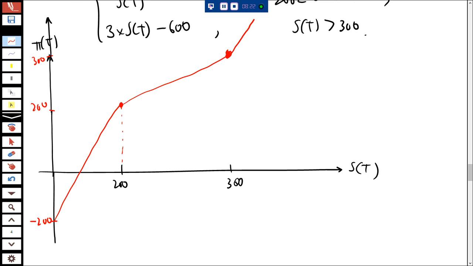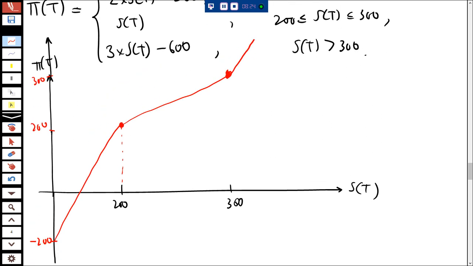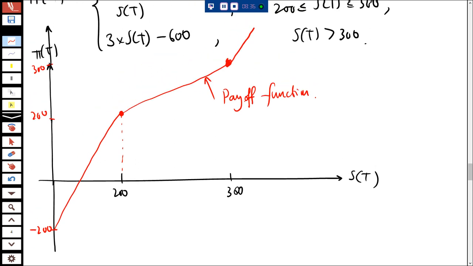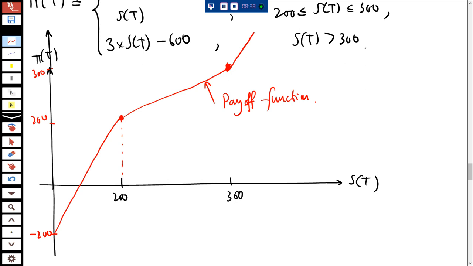Okay, not the prettiest, but could have been a lot worse. This is our payoff function. And that completes the solution for this example 3.